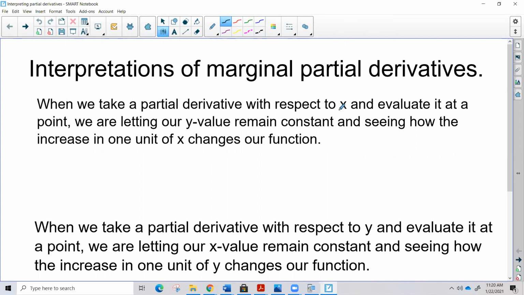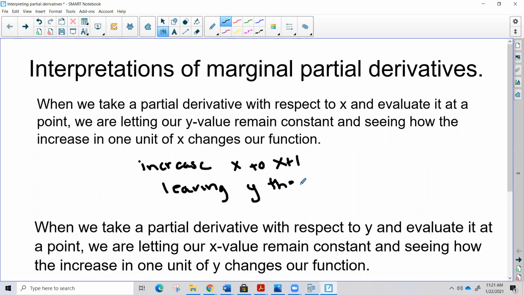Okay, so we're increasing x from x to x plus 1, but then we're leaving y the same, or we're saying it's constant. It's not changing.